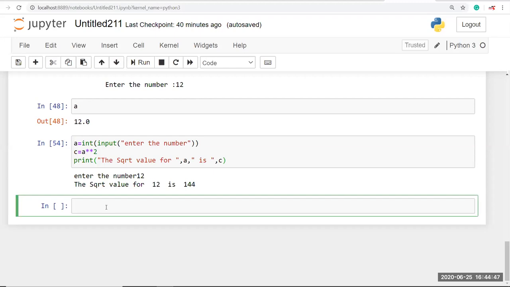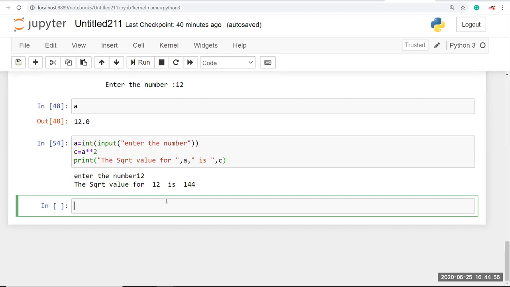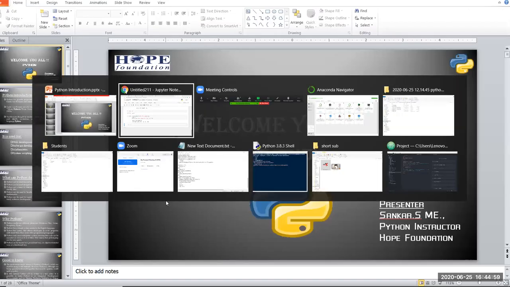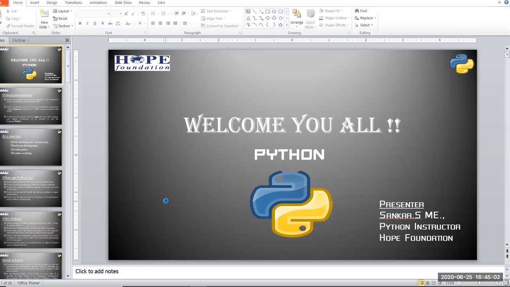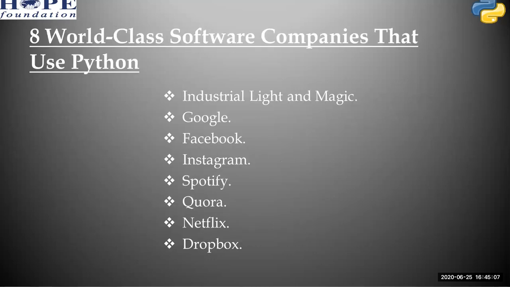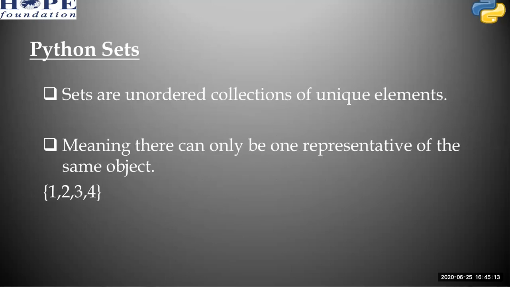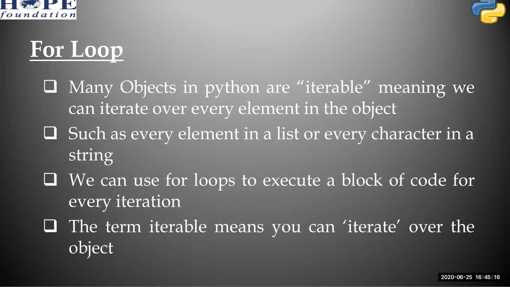Then next we will move on to for loops. So a for loop is used to iterate your strings or your given value or list or tuples.